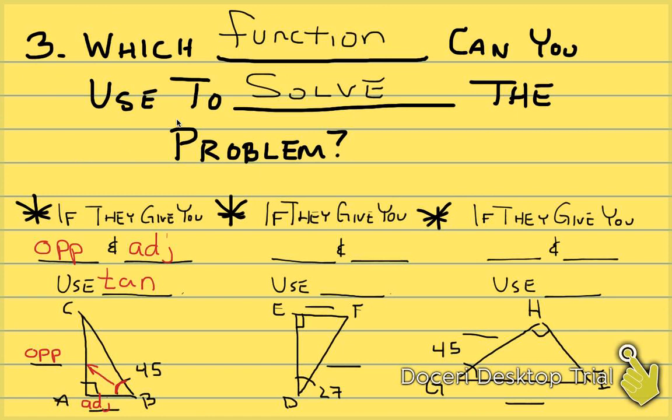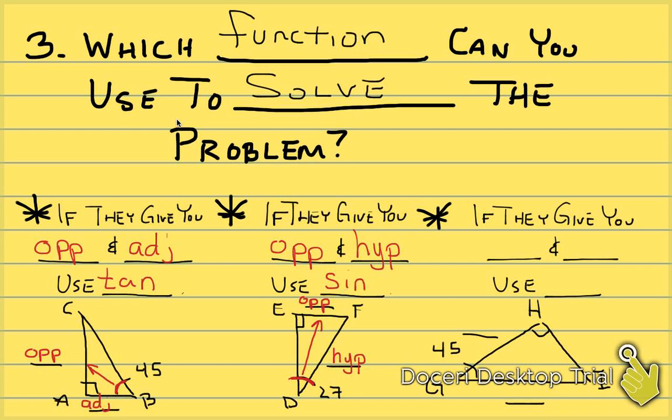Very similarly, looking at the next one, we have our angle right down here. This one gives us the opposite, but this time it's not the adjacent side, it's the hypotenuse, the HYP. If they give you opposite and hypotenuse, the one that has OH in it is sine, so you're going to use sine.